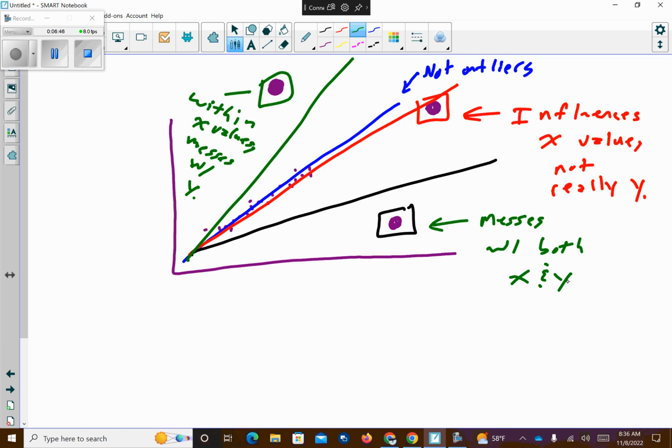Did somebody not fill something out correctly? Okay, so let's say you were collecting data, and let's go very simple. Let's do your shoe size to your height in inches.